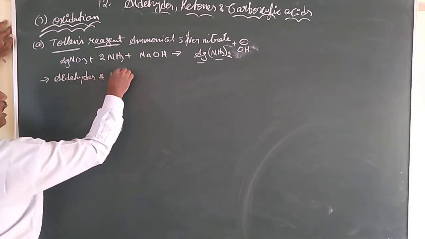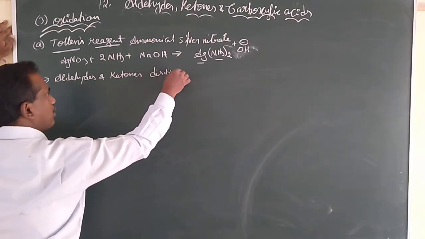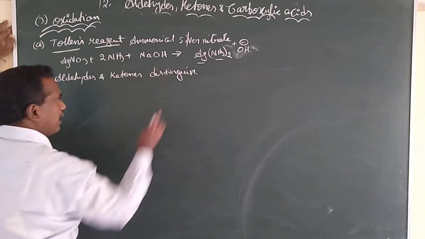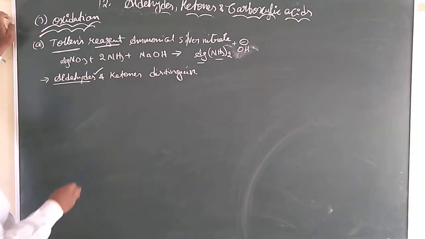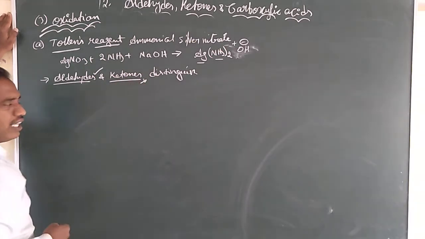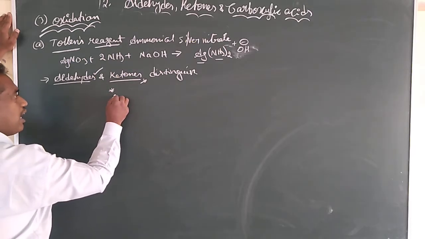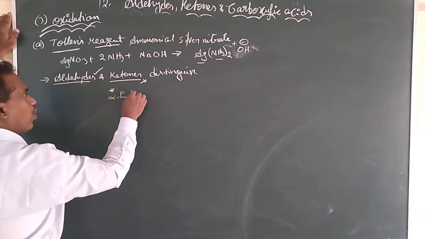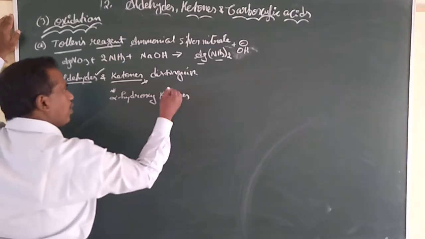Aldehydes and ketones: distinguish between aldehydes and ketones. Here aldehydes will respond to this ammoniacal or Tollens reagent, but ketones will not respond to the Tollens reagent. Whereas, don't forget alpha-hydroxy ketones.